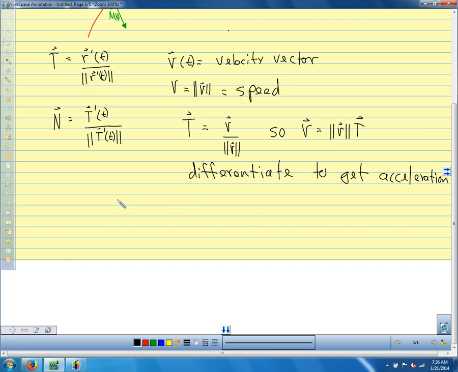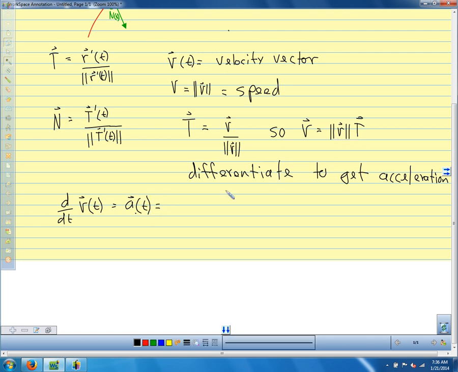The derivative with respect to time of our velocity, and our velocity does vary in time, equals the acceleration, and we're going to differentiate this quantity.